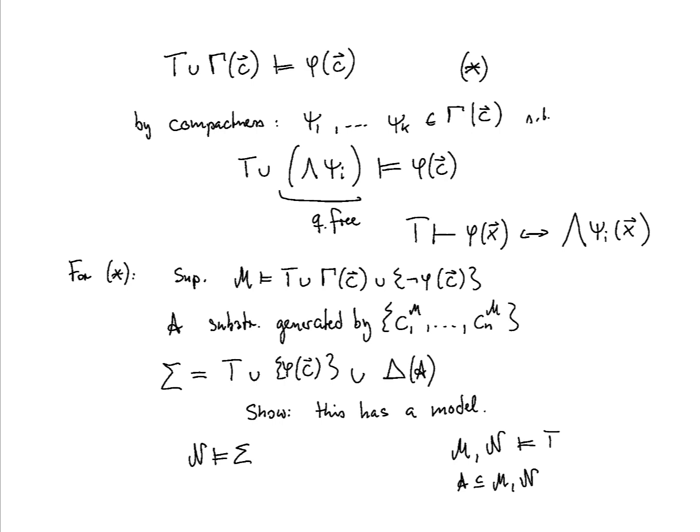So we get a contradiction here to 2. So let me write this down. M would satisfy not phi of c, and N satisfies phi of c. And this would give us the contradiction with 2.